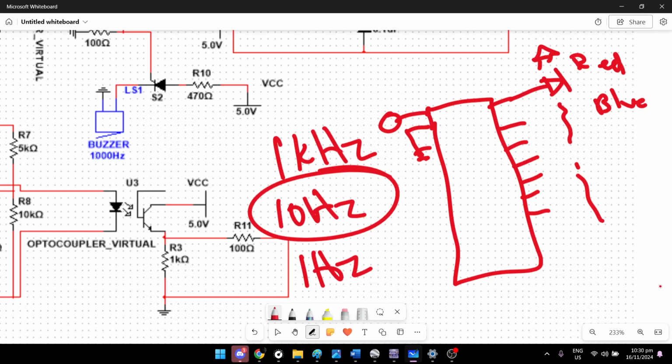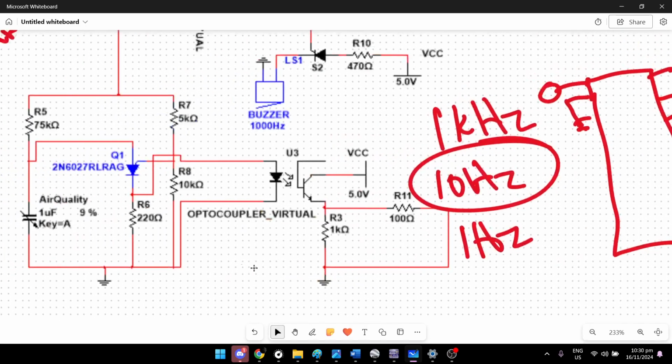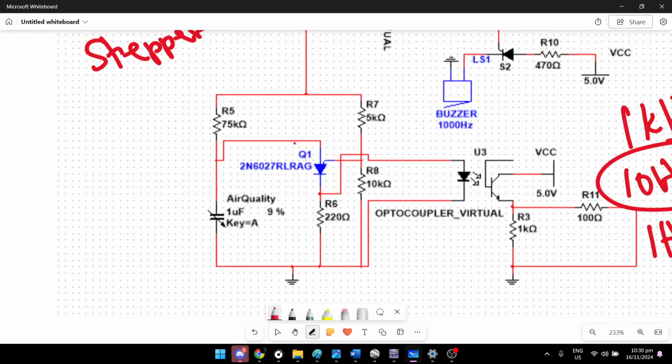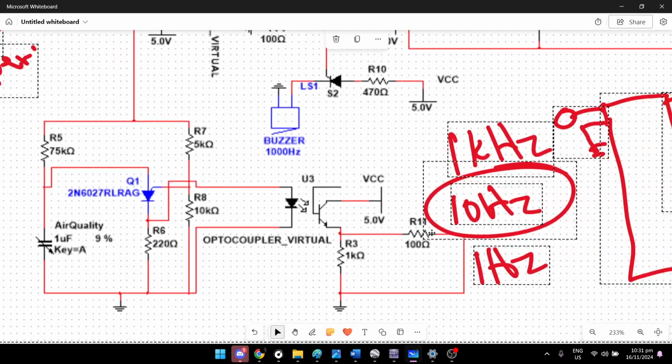So the higher the frequency, we can see that it is more dangerous, because the sensor changes its output. Therefore, with the changes in the sensor value, the frequency of the RC oscillation provided here will also change.